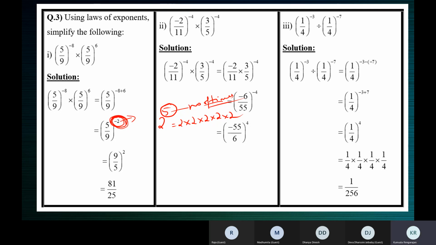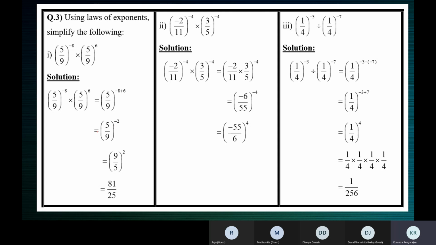Only with a positive power will you understand the number of times the base has to be multiplied with itself. Very good question, Madhumita. So since the power is negative, how many times should I multiply 5 by 9 with itself? Minus 2 times. No, that's not possible.